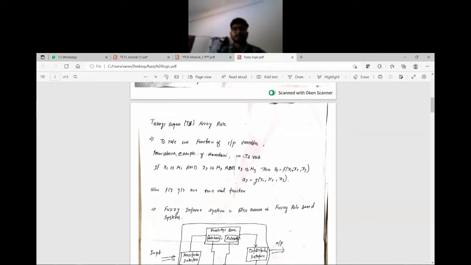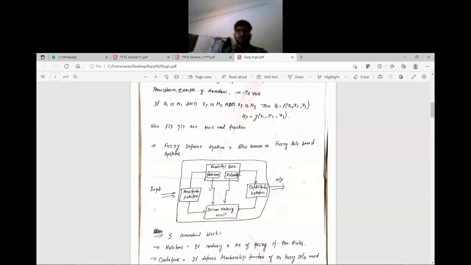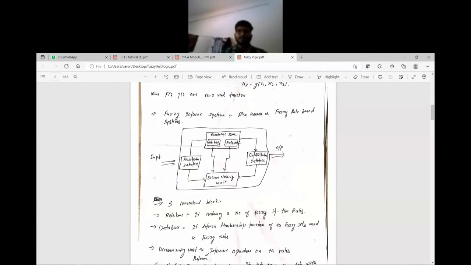If x1 is m1 and x2 is m2, then u1 is equal to f of x1, x2, x3, and u2 is equal to g of x1, x2, x3. Here, x1, x2, x3 are the input variables, and u is the output variable. So the output variable is a function of the input variables, where f of x and g of x are real functions of time.